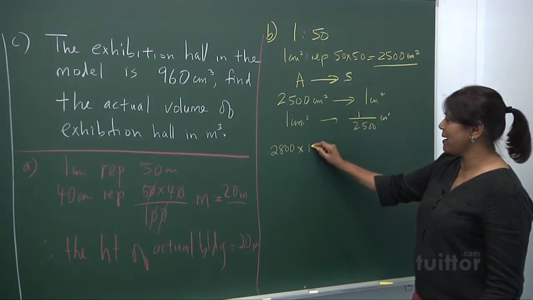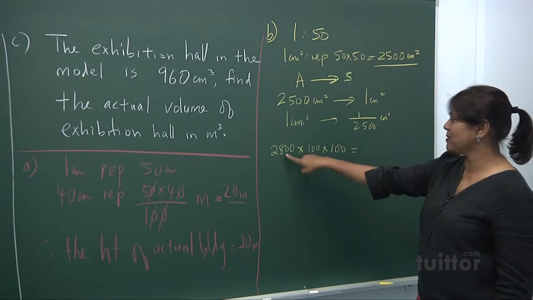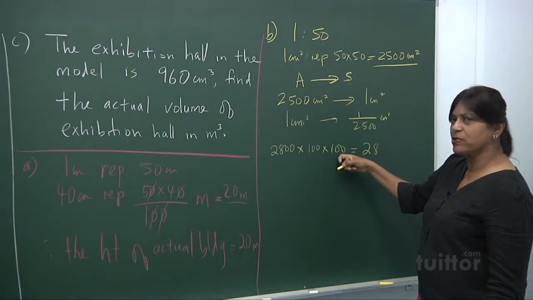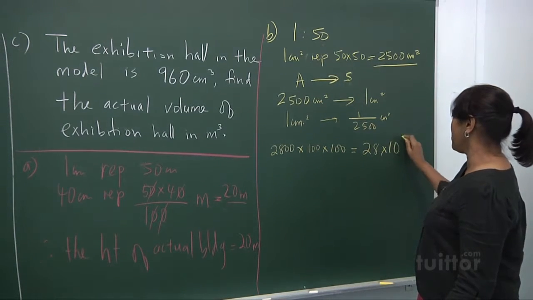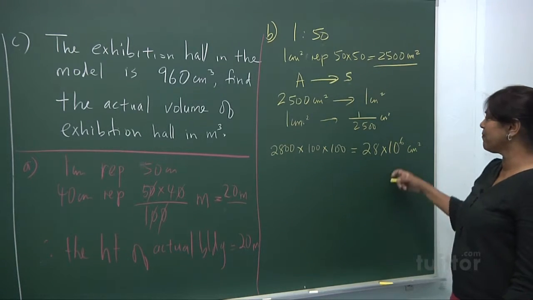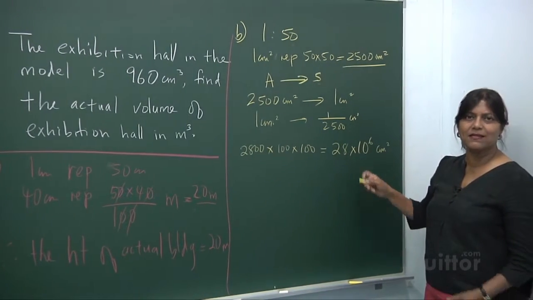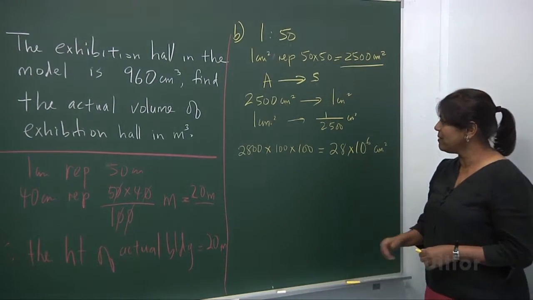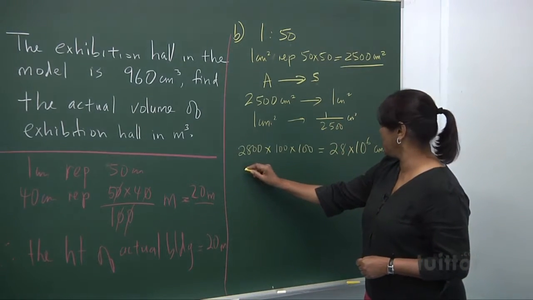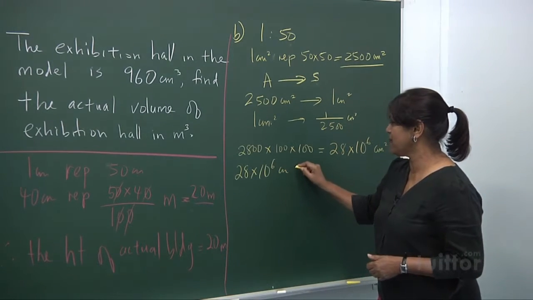You multiply it by 100 and multiply it by 100, and that gives us 28 with 2 zeros, 2 zeros, 2 zeros, which is 28 times 10 to the power of 6 cm squared. So this is the floor area of the actual in centimeters squared. Therefore, 28 times 10 to the power of 6 cm squared.